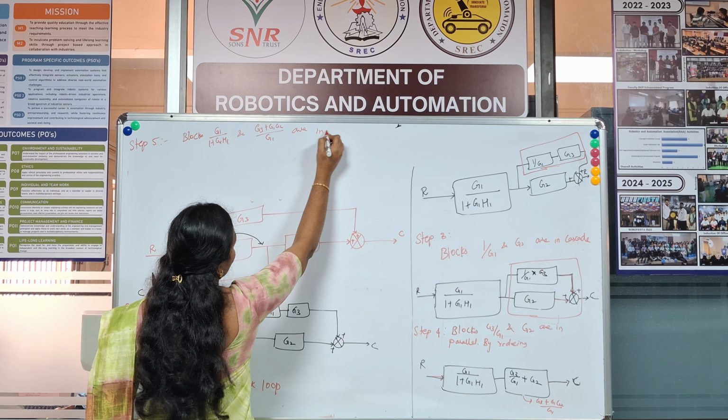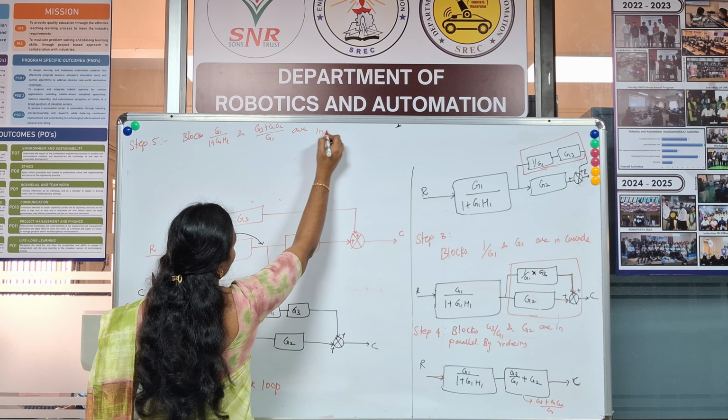So the final thing is that you have reduced the whole block diagram to G3 plus G1 G2 divided by 1 plus G1 H1.